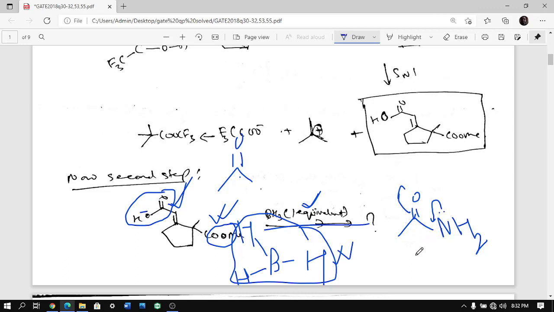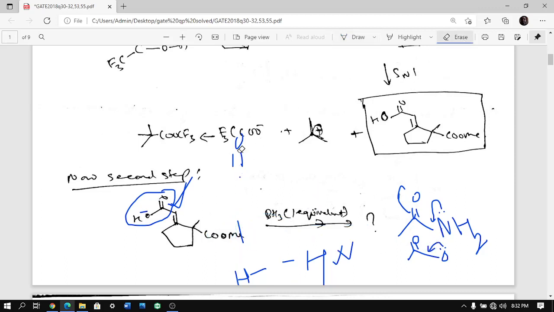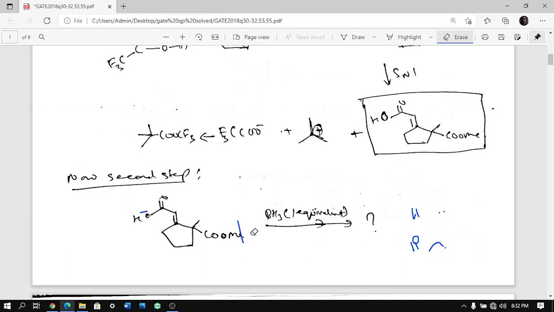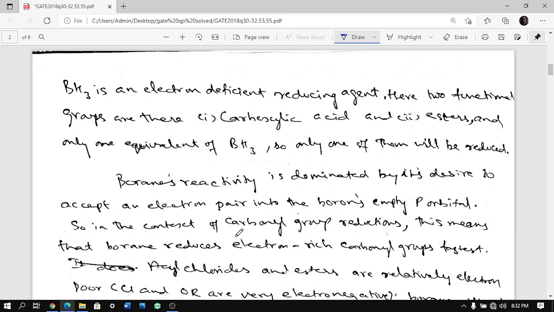Whereas the ester is not able to donate electrons that well, because oxygen is electronegative, so it does not share electrons very happily, right? So it is very clear after this step that reduction will happen on the acid and not on the ester. The acid will get reduced to alcohol, and the amide will remain as it is.